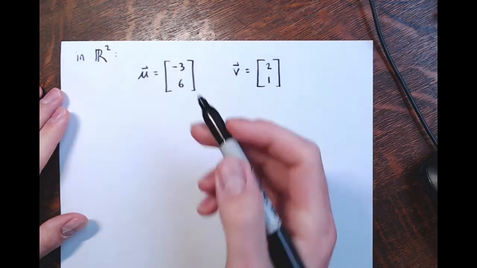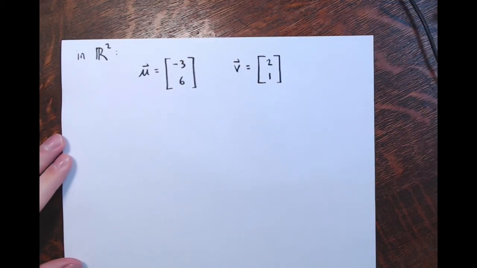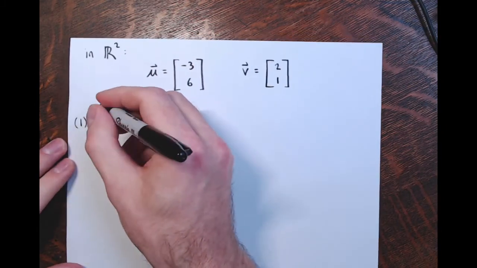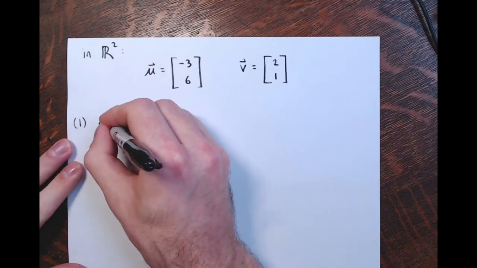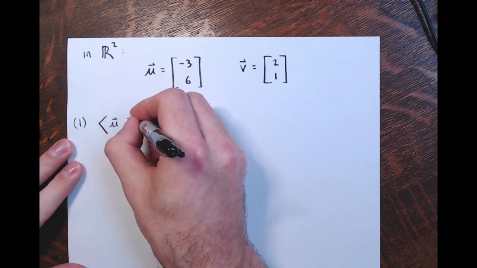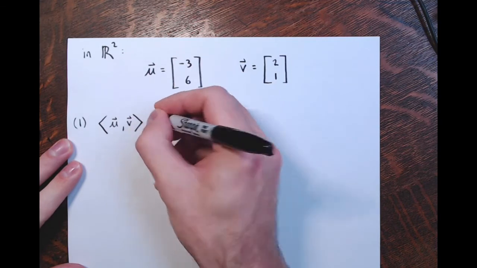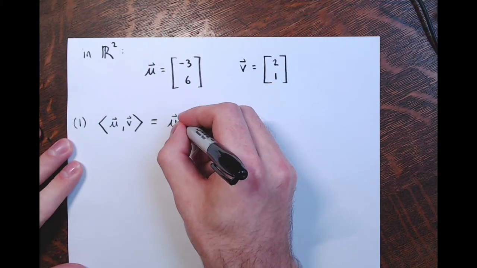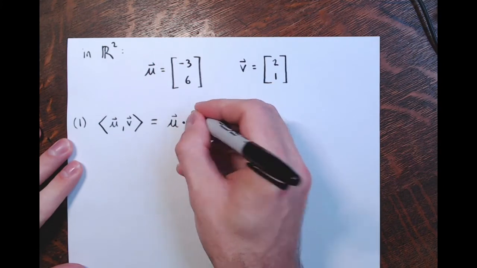And these both belong to R2. Now, case 1. What if the inner product of two vectors in R2 is defined to be just the standard Euclidean inner product, or the dot product?